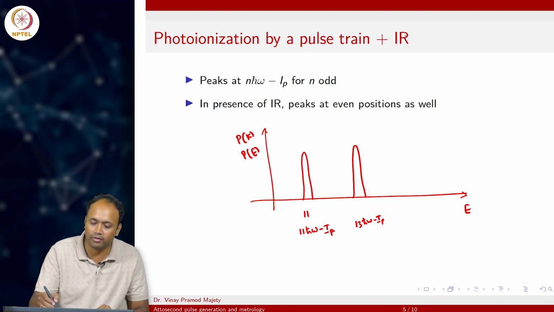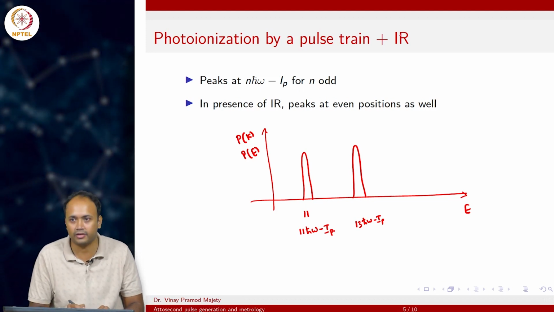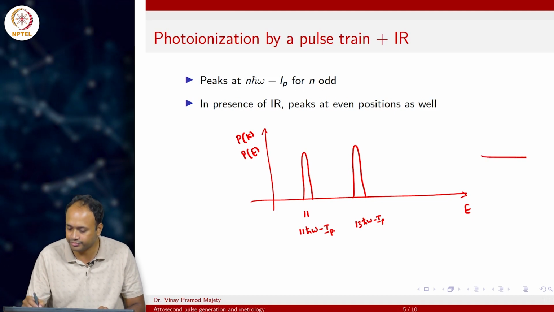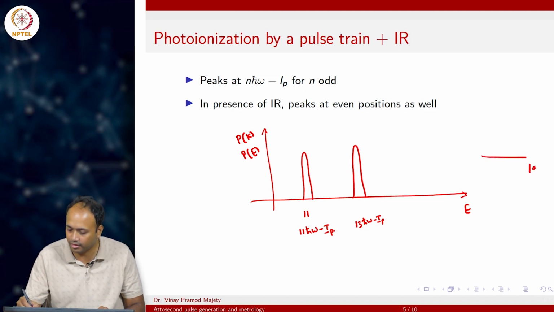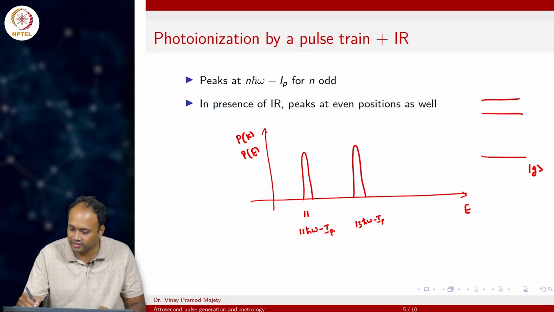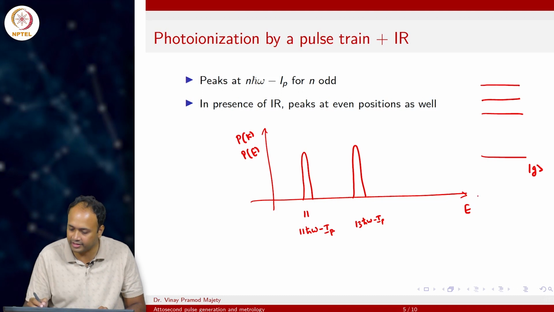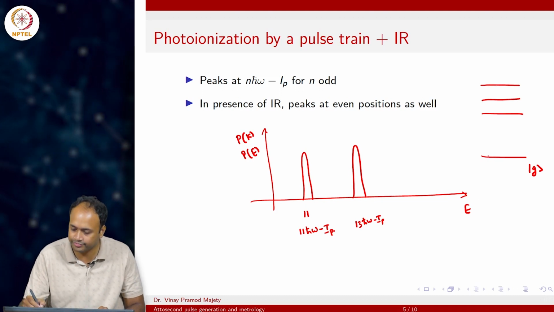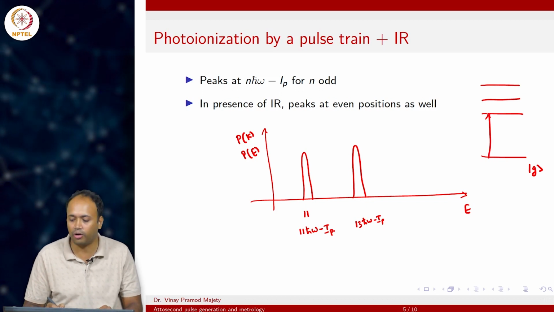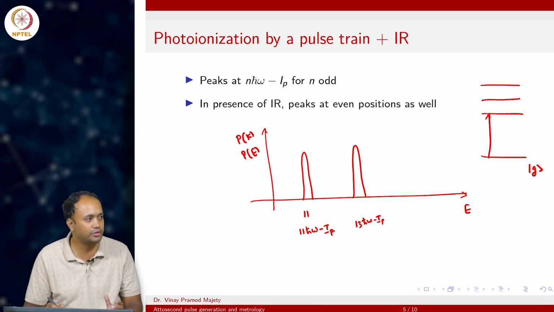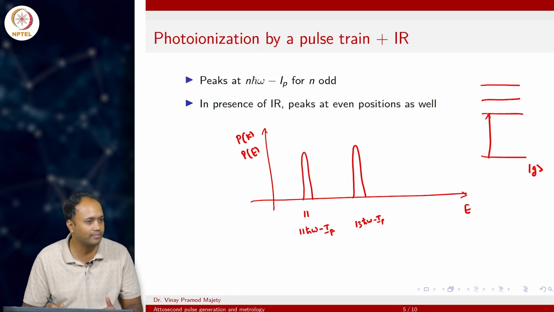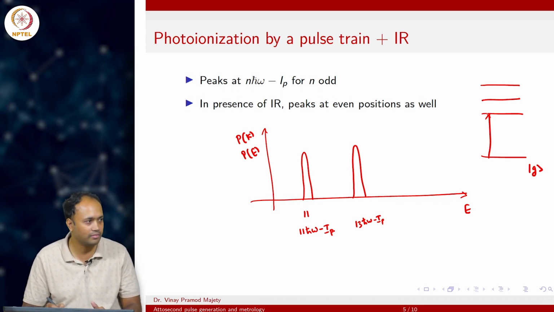Now when you have also an infrared present there, you can have an additional transition. This would correspond to the following. So that is the ground state of the system, that is a continuum, and let us say these are the continuum states into which it gets populated. Now you can have what is called a continuum transition, which means it is already ionized, but then it can further absorb another photon, right.